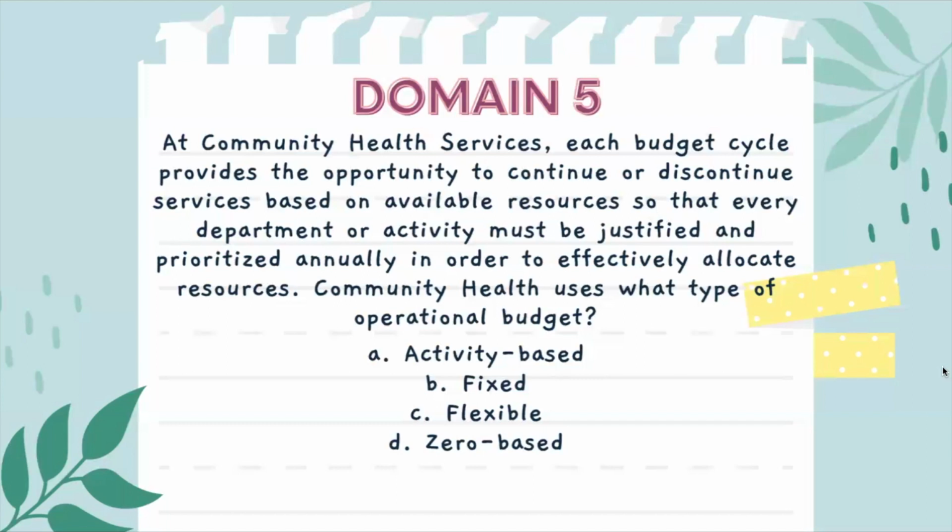A is just activity-based. They just set a budget based on activities, right? But they don't really speak so much so about having to justify anything, right? With C, flexible, if you guys remember, it is true that you have the ability to change your amounts and your budgeting based on changes, but they never once again mention anything about having to justify how much money you need.